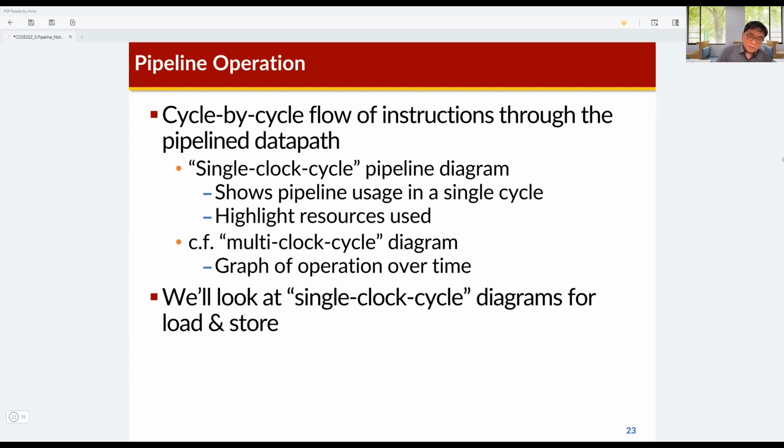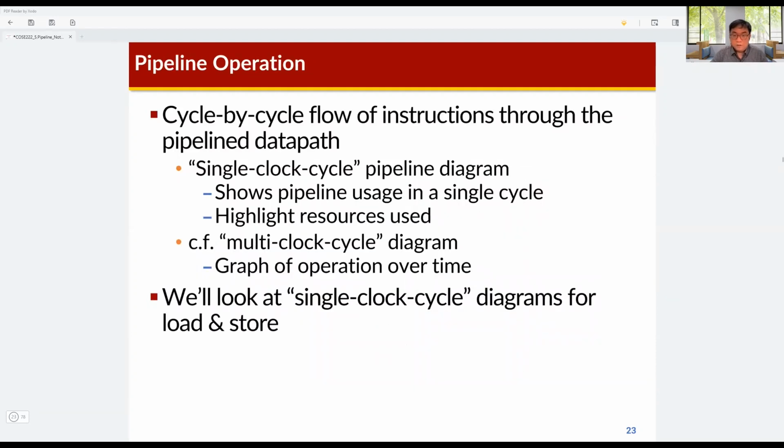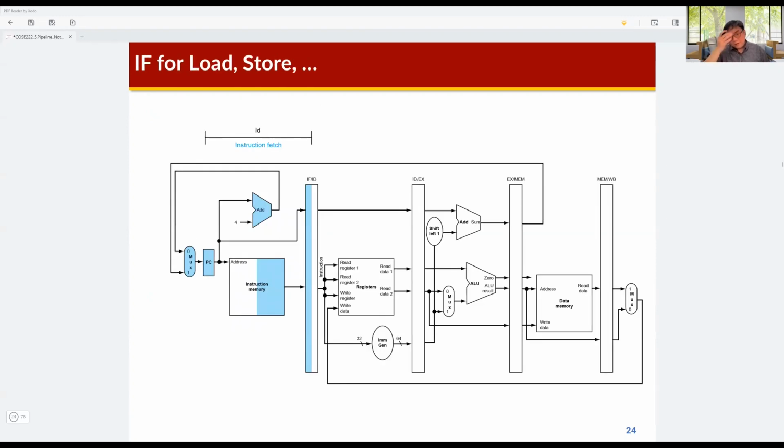And multi-clock cycle means that the diagram shows the operation of the instruction during multiple clocks. Okay, we just start from the single clock cycle diagram.